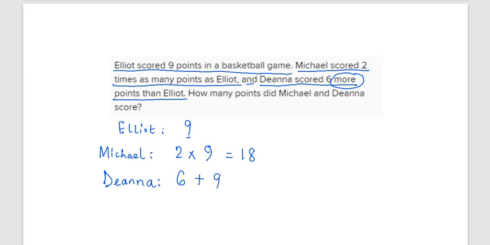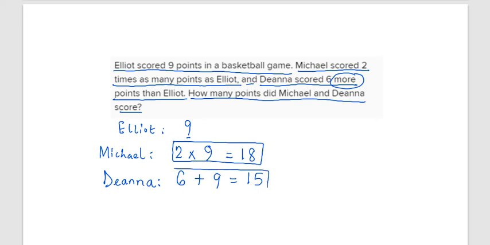So we're going to have 6 plus 9 for Diana, and that is 15. The question says, how many points did Michael and Diana score? So for Michael, it's 2 multiplied by 9, that's 18 points. And for Diana, we have a total of 15 points.